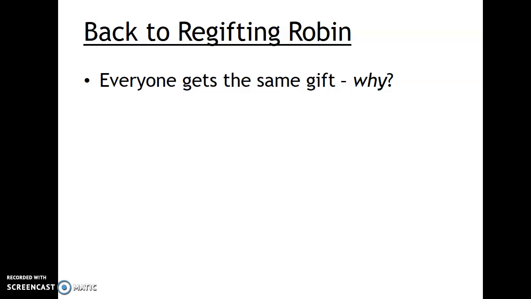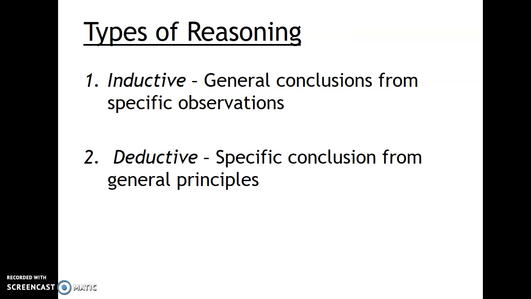In terms of addressing exactly why this is the case, we've done some inductive data gathering, but actually getting down to brass tacks as to why it's happening, you might want to try to use deductive reasoning. We'll talk a bit more about deductive reasoning in the next video, but as opposed to going from specific observations to general conclusions, now we're sort of drilling down. We start from some kind of general principle and then end up making a specific conclusion based on it. That's where we're going to be heading next time.